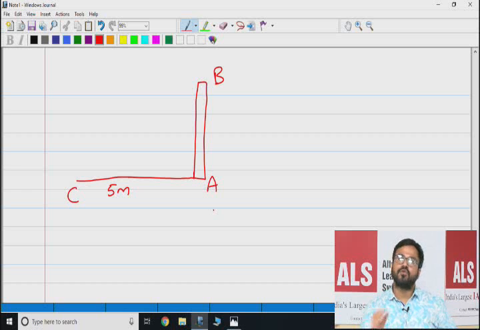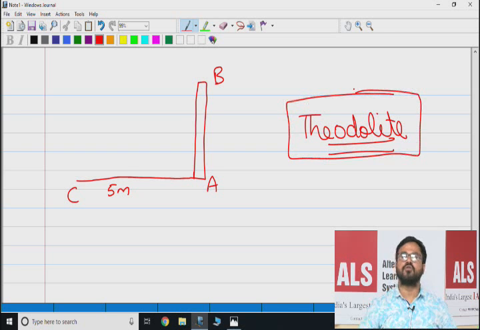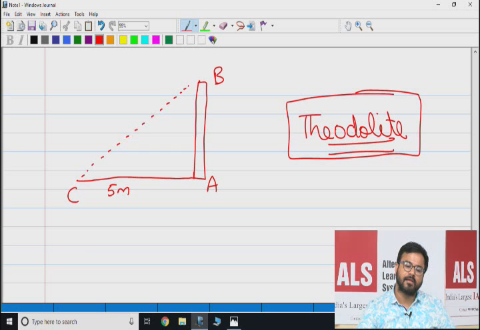Now, if you know the angle, you can find the height of the building. So there is a device which is known as theodolite. This is the name of the device, theodolite, which is used to measure the angle. So if you place that device at C and look from the device to the top of the building, it will form an imaginary line of sight.